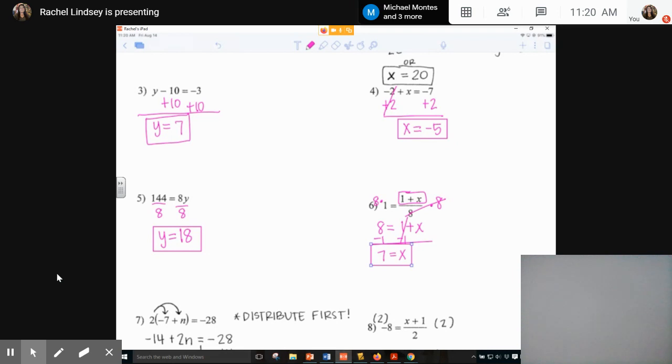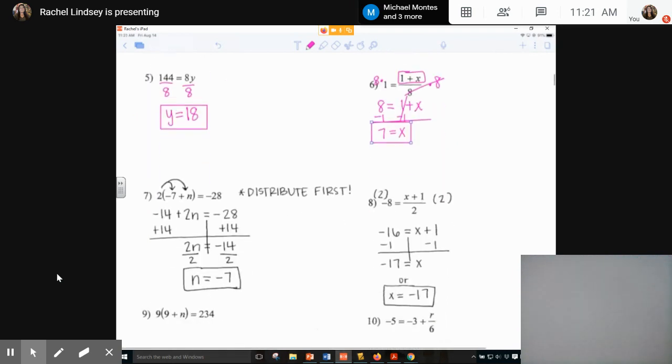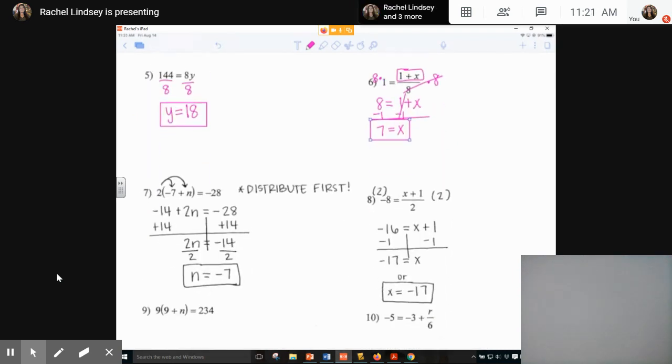Okay. So number 7 shows you a different kind, one where you have to distribute before you can do anything else. So I like to distribute first sometimes. So like one like this, you could distribute, or you could divide that 2 off first.